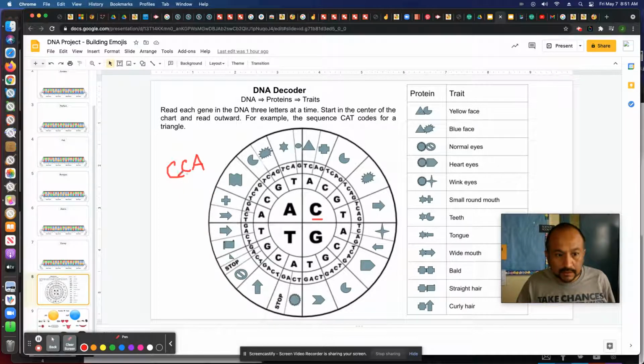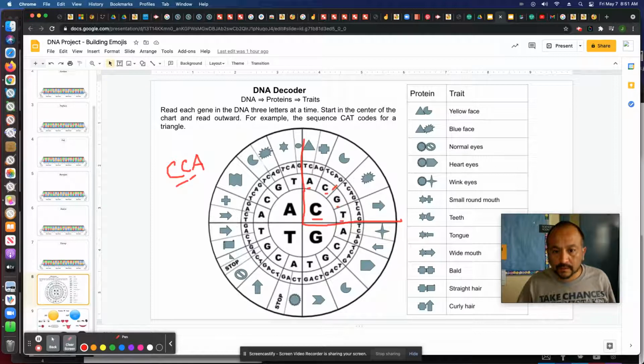So C is here, okay, and now we're just looking at this area, and we're looking for C. We're going to read outward, so we're looking for C-C-A. C is there. Now we're looking at these four letters.